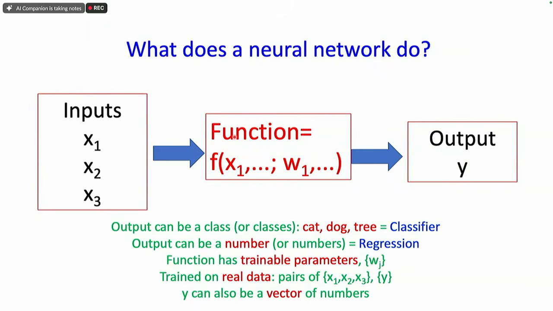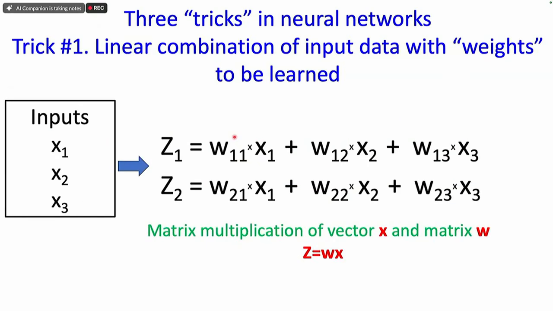And so we need to train these numbers W. And there are three tricks that are used to train the neural network to do this procedure. The first one is simply to take inputs like x1, x2, x3, and multiply them by numbers and then add them up. So I'm going to get z1 and z2 out of x1, x2, x3. I'm going to multiply them by three numbers, w11x1 plus w12x2 plus w13x3 gives me a new number, z1.